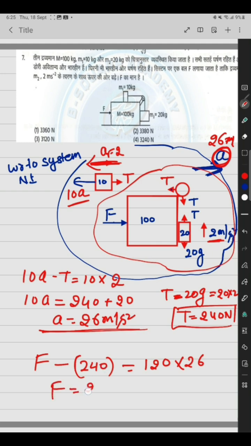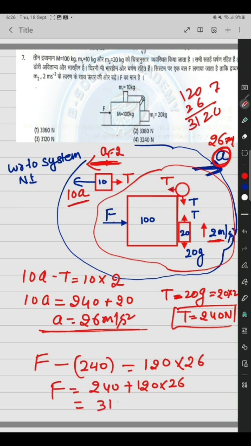Then the required force is equal to 240 plus 120 into 26, and 120 into 26 is equal to 3120. 3120 plus 240, then the final is 3360, and the first option is correct.